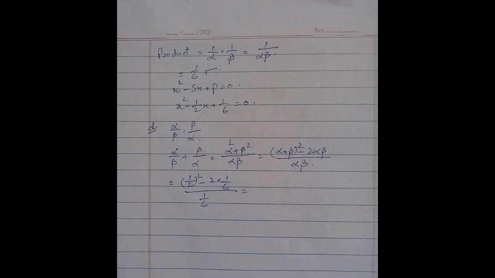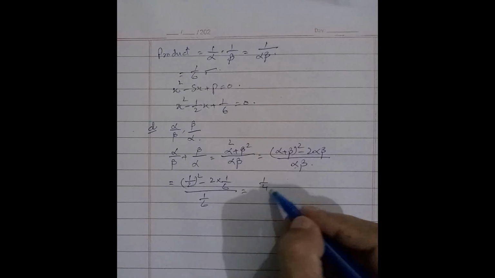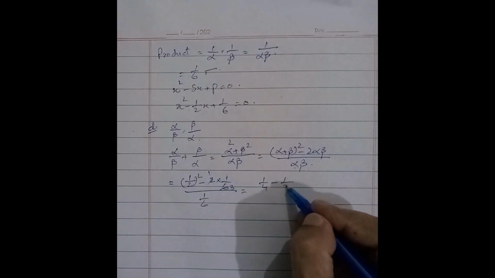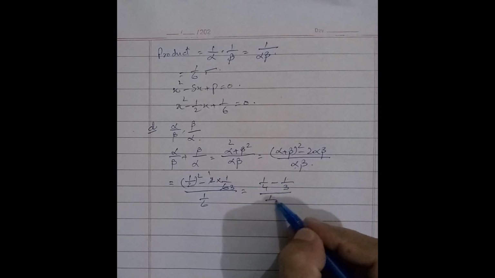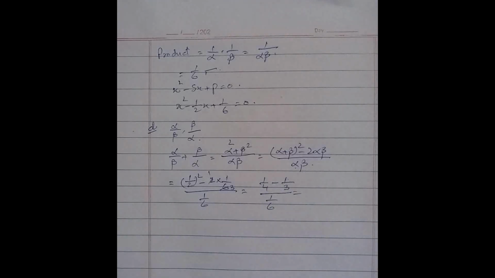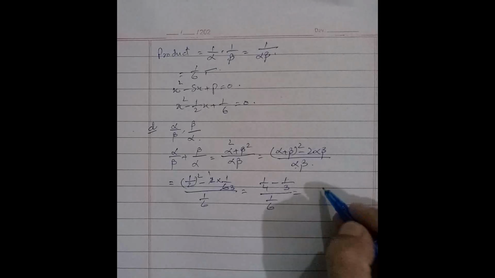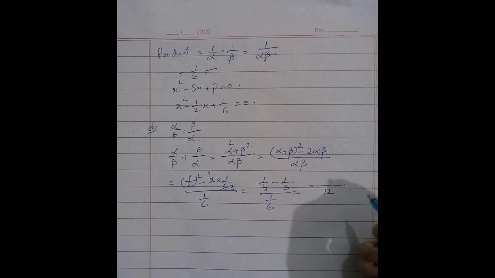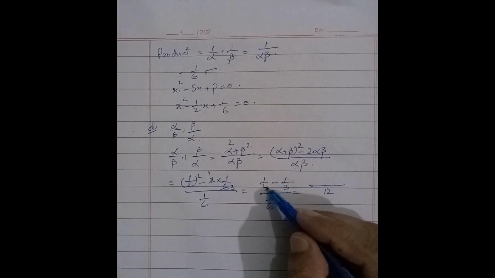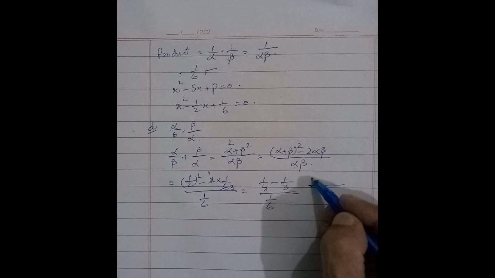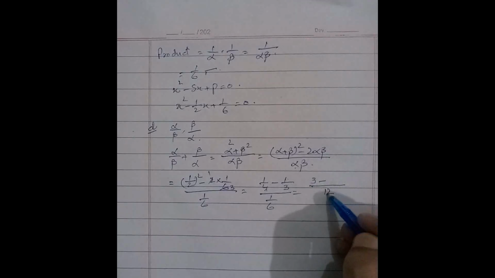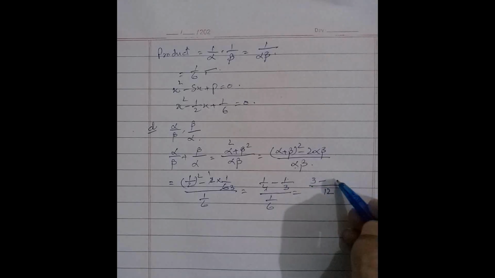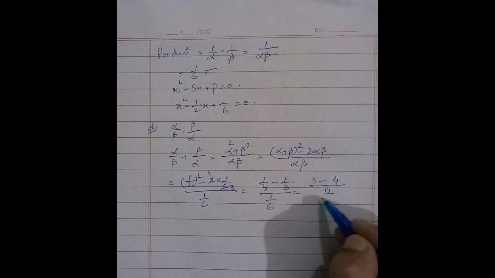Now we simplify these values, we get 1 over 4 minus 2 ones are 2, 2 threes are 6, 1 over 3, over 1 over 6. Now we further simplify. We take LCM of 4 and 3, we get 12. 12 divided by 4 we get 3, 3 multiplied by 1 is equal to 3, and 12 divided by 3 we get 4, and 4 multiplied by 1 is equal to minus 4.